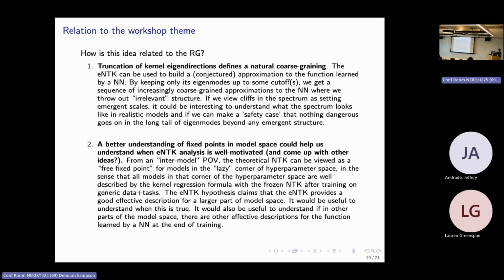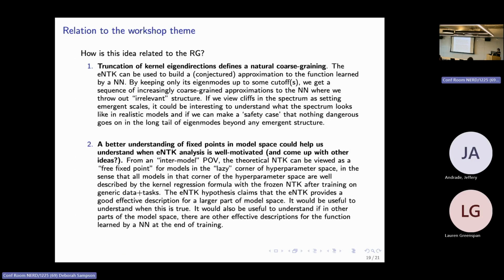One idea is that the truncation of the kernel, whose eigenspectrum has a lot of structure, gives a natural emergent notion of coarse graining if you truncate at one of these cliffs. Remember, the original motivation for the NTK was that it can be used to build a conjectured approximation to the exact function that the model learns at the end of training.